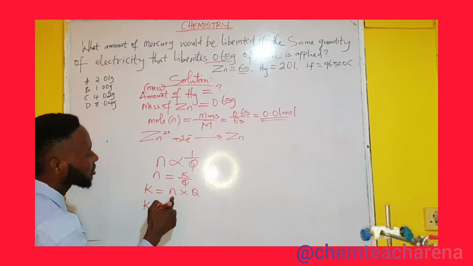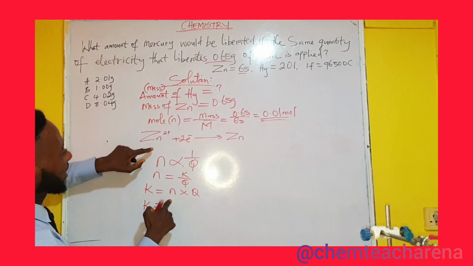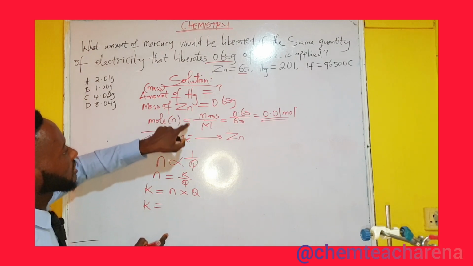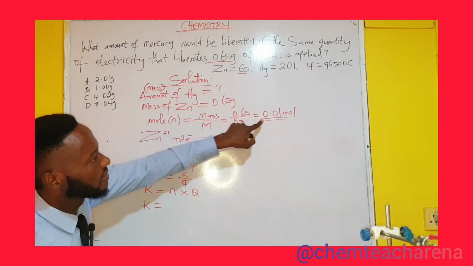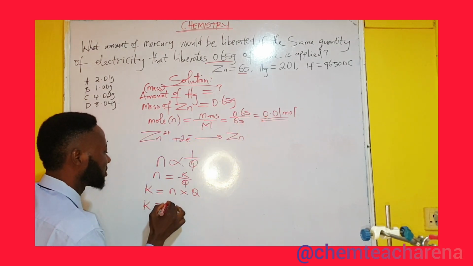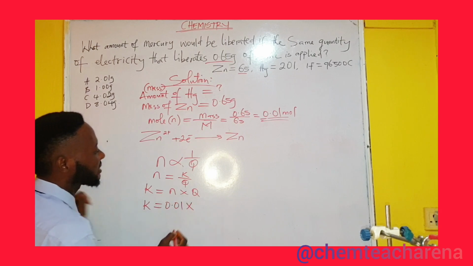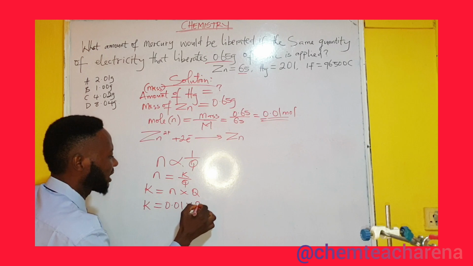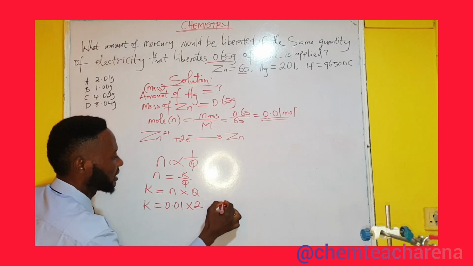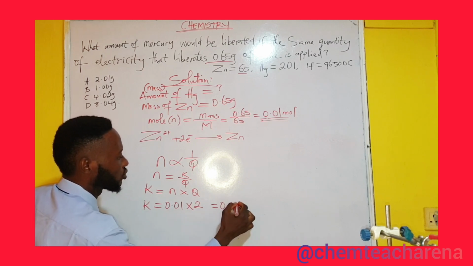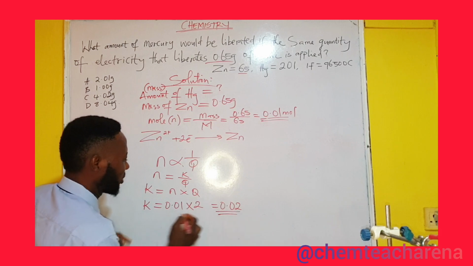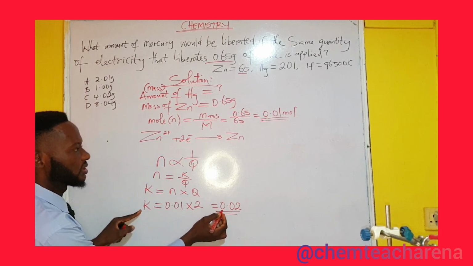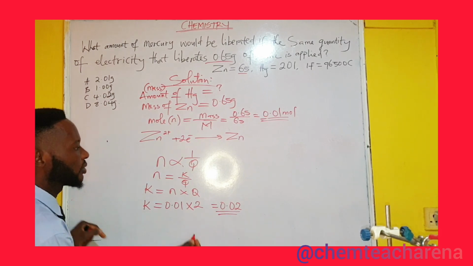We don't know. n is the mole of zinc, which is 0.01, times Q, the charge of zinc, which is 2. This gives 0.02, so k is equal to 0.02.